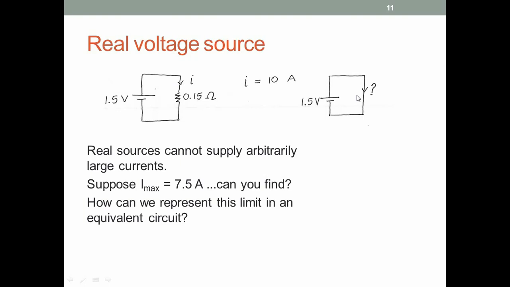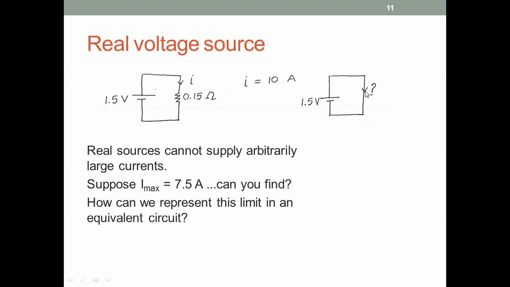If this voltage source is ideal, then what will happen? The current in this circuit is 1.5 volt divided by a zero resistance, because short circuit is zero resistance. So I is equal to 1.5 by 0. So an infinite current will flow. So if the voltage source is ideal, which of course it never is, then an infinite current will flow. But of course, sources are real. So what will a real voltage source do?